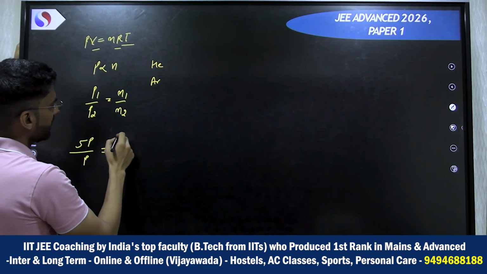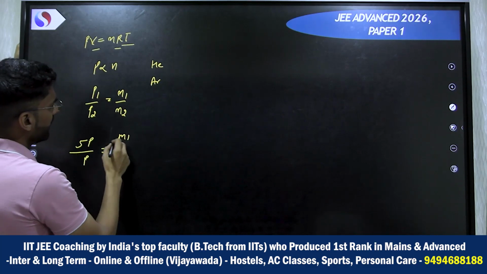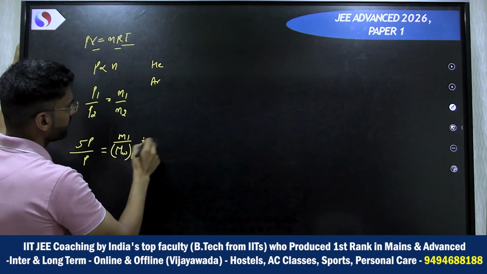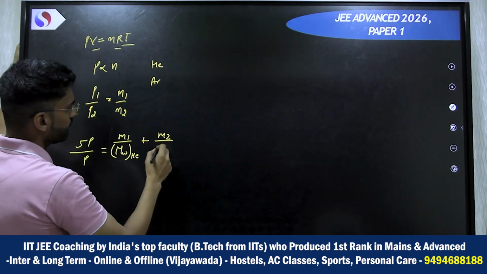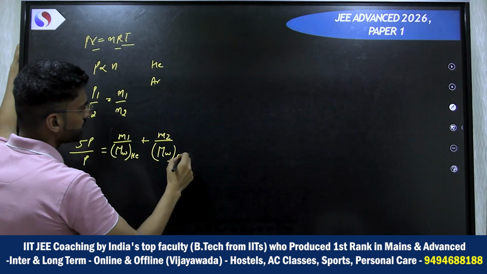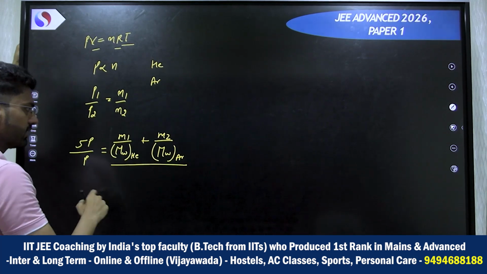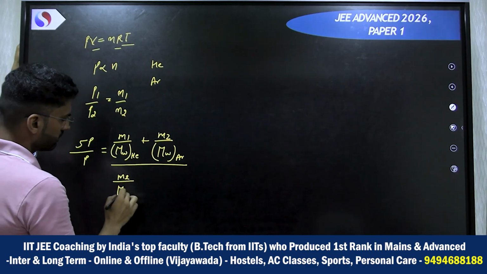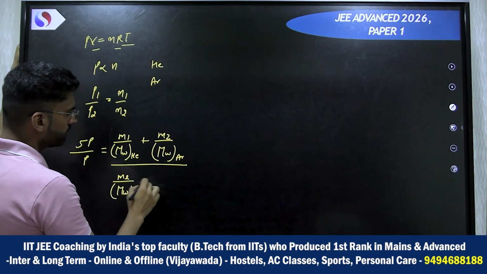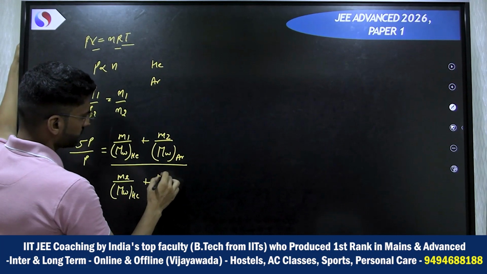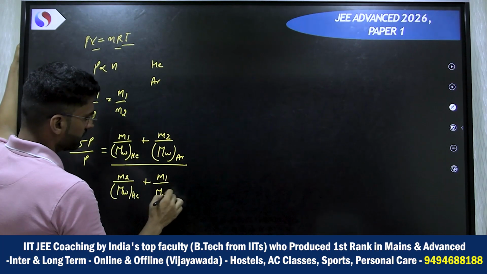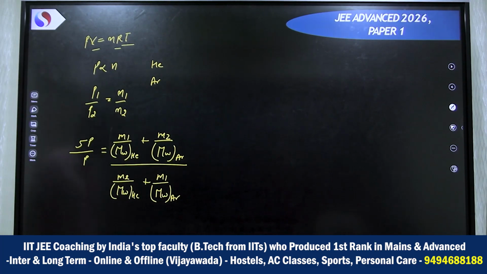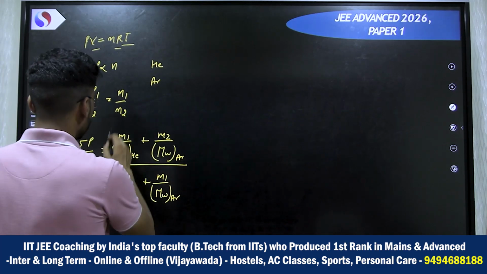So helium mass is M1, with the molecular weight of helium, plus argon mass M2 with the molecular weight of argon, divided by, in the second case where they just changed the names, M2 over the molecular weight of helium plus M1 over the molecular weight of argon. How can you solve this?